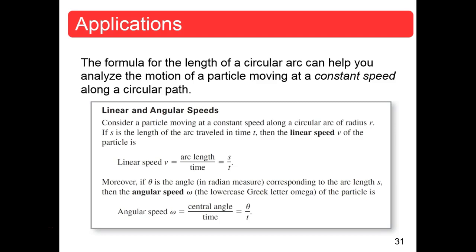Now, I want to remind you of something here. What is the formula for arc length? The s = r theta, where theta is in radians. So that'd be r theta over t.